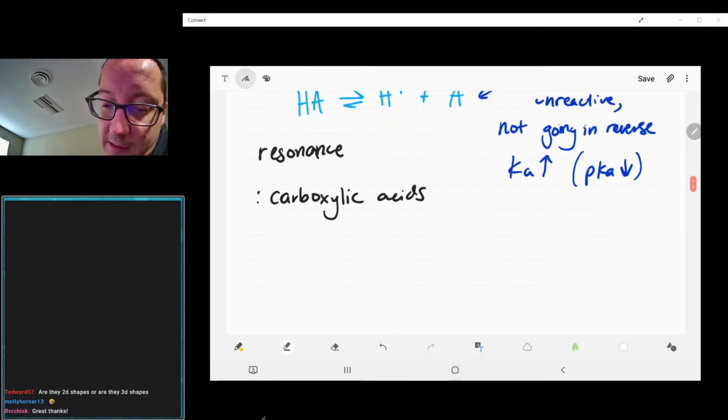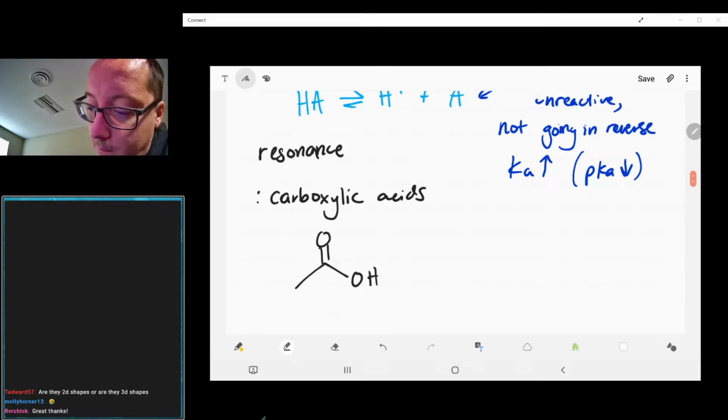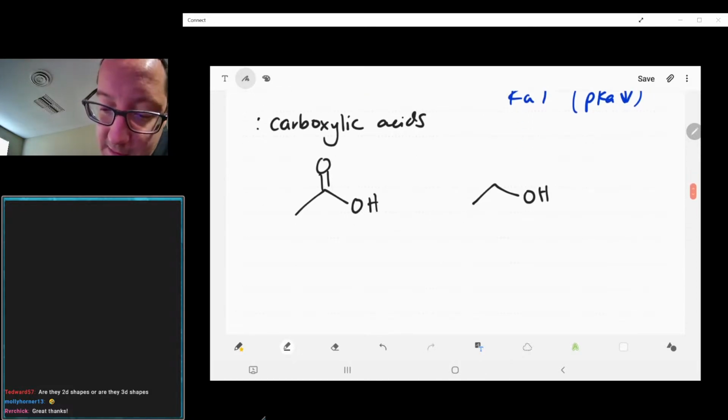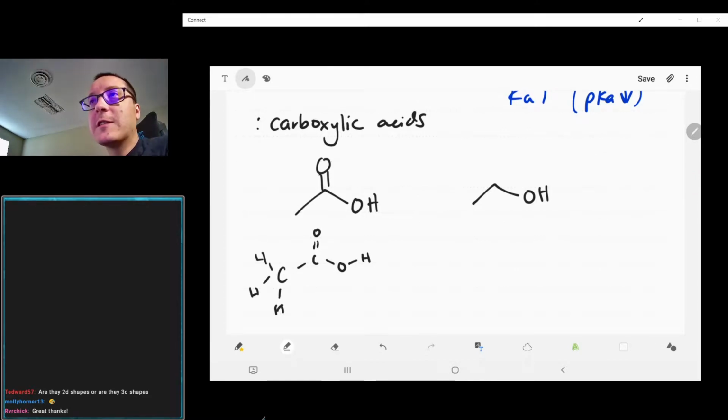And we're going to take a look at what those look like. I guess I should explain how these molecules look. This is acetic acid. If I were to draw the Lewis structure, that's what this molecule looks like.